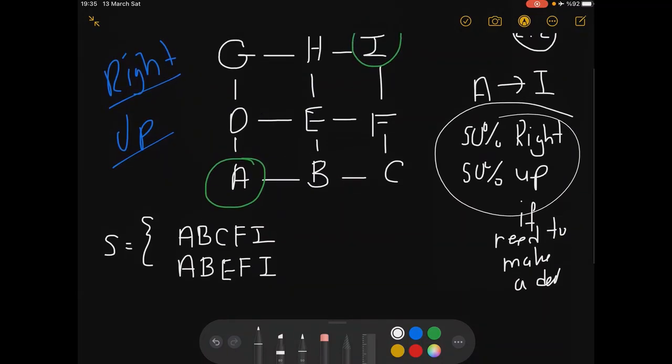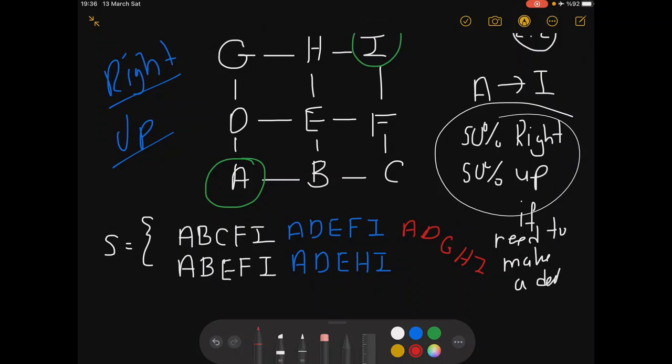Let's use other colors. What else can you have? A, D, E, F, I. A, D, E, H, I. And A, D, G, H, I. And what else?